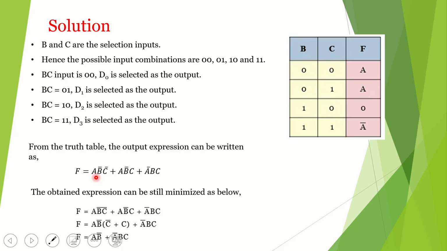Or else C value is equal to 1, then C bar goes to 0, so 0 plus 1 also means 1. So whatever the value C takes, the output is 1. So 1 into A B bar is equal to A B bar, plus here A bar B C. So this is the final expression.